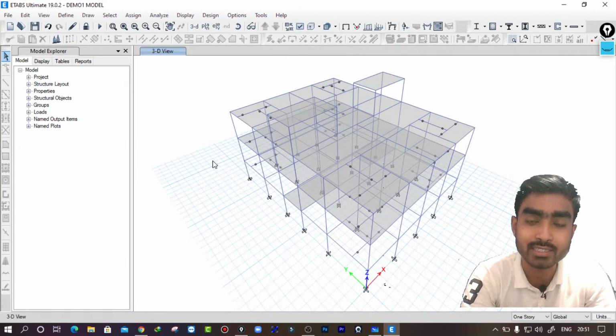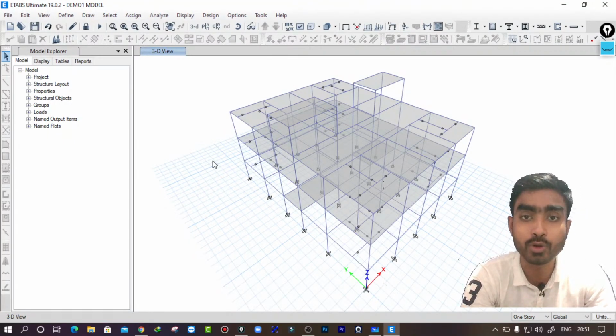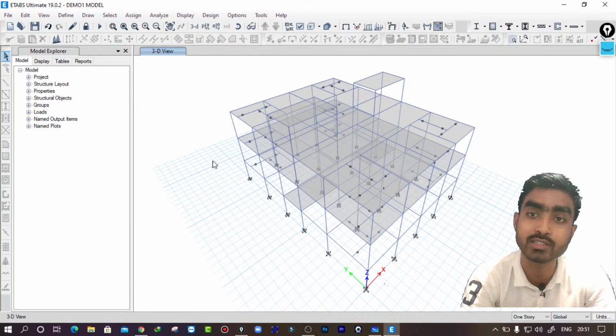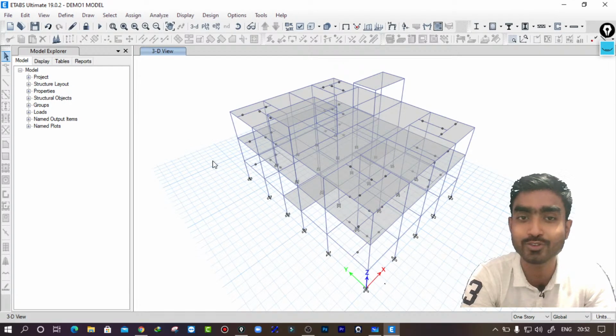But in some cases you can get rotation in the first mode itself. This is the actual problem: if you are getting a rotational mode in the first mode itself, how are you going to solve this issue? This is actually what I wanted to explain, but unfortunately in this structure this phenomenon is not happening.